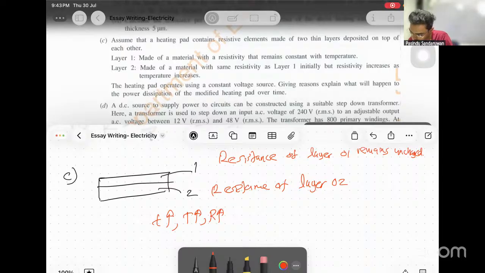But we were asked about power dissipation, not the resistance. Power is the opposite of the resistance.